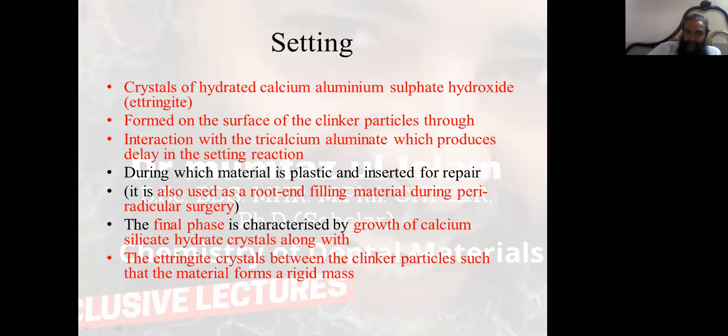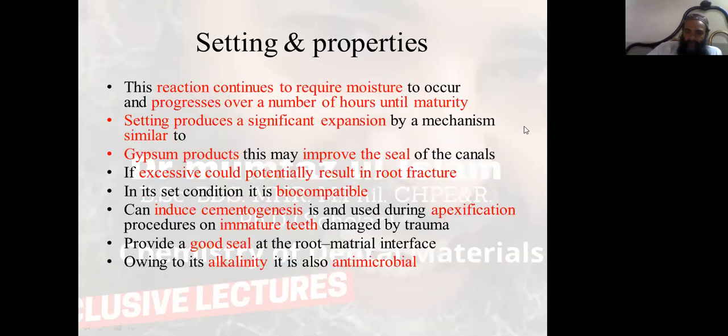The final phase is characterized by growth of calcium silicate hydrate crystals along with ettringite crystals between the clinker particles such that the material forms a rigid mass. Setting and properties. Reaction continues to require moisture as ordinary Portland cement requires and progresses over a number of hours until maturity.